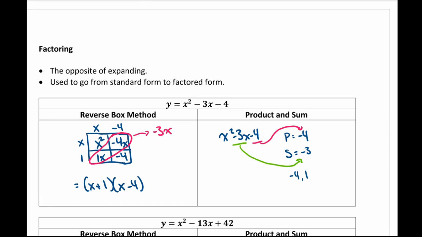And this does work because if we just double check, -4 times 1 equals -4, -4 plus 1 equals -3. So once I find my two numbers, which I have here, I just put them into the brackets with x. So x minus 4 is one, x plus 1 is the other one. And that's factored.